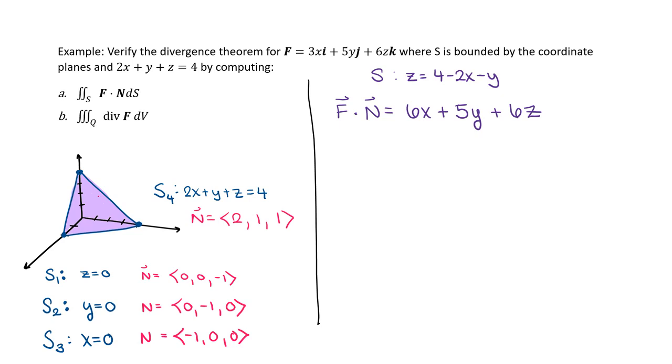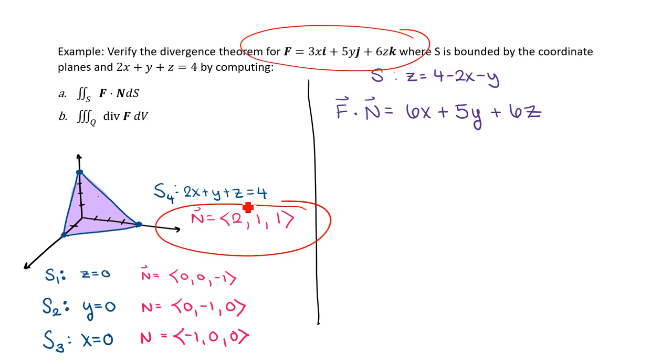Our 4th surface is actually that plane, z equals 4 minus 2x minus 2y. And now when I take my vector field dotted with my normal vector, dotted with that negative gx, negative gy, comma 1, so f dotted with n, now I get 6x plus 5y plus 6z. And so that's what I'm going to actually integrate.